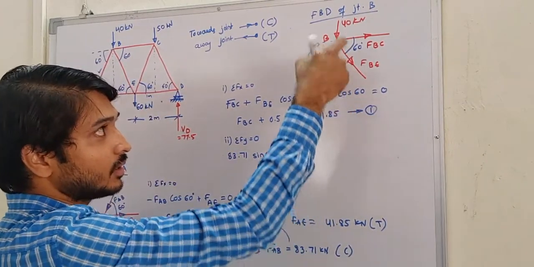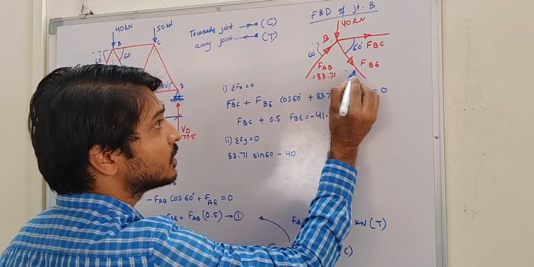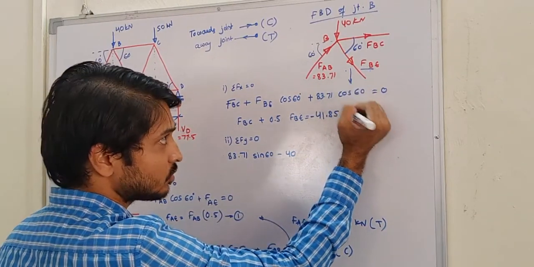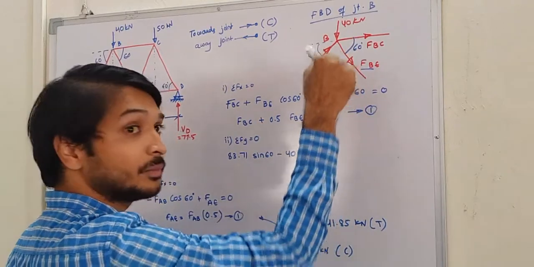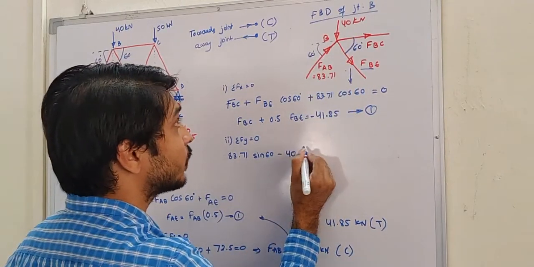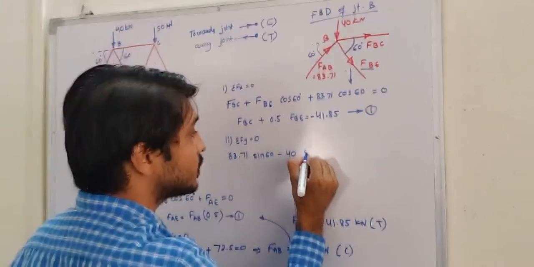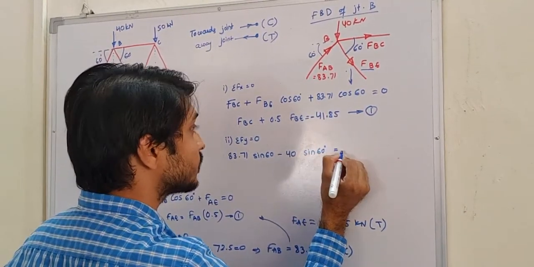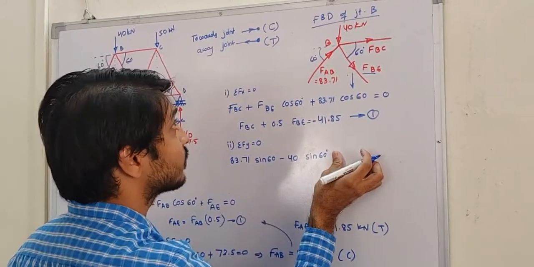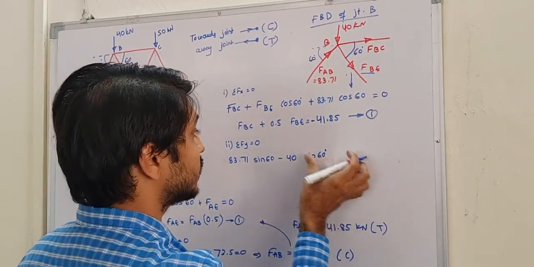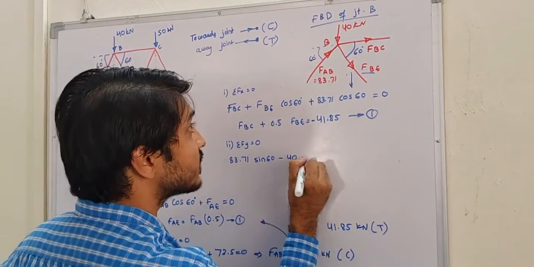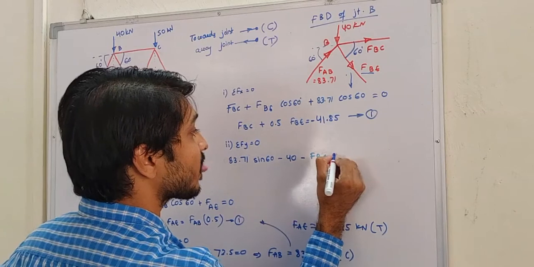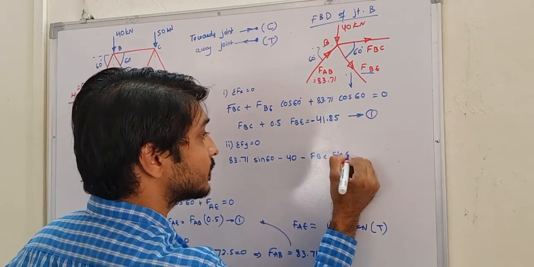It is in downward direction, so minus 40. The other is also sin 60, which equals, minus 40 and then minus FBE sin 60.